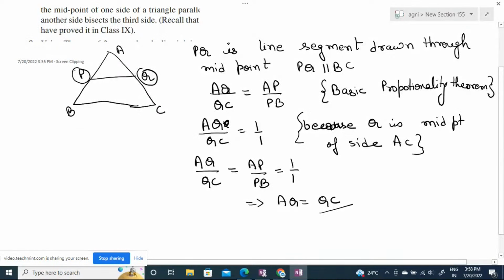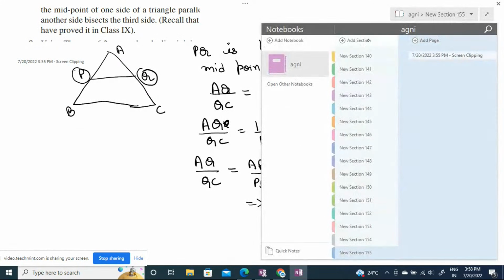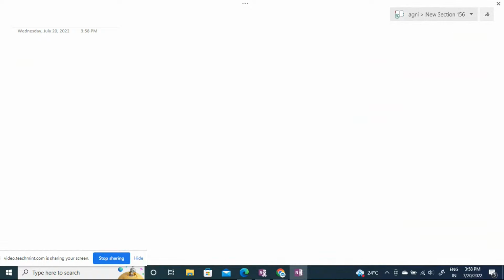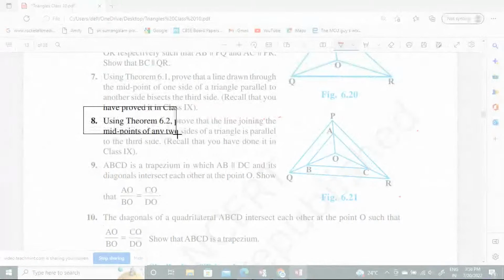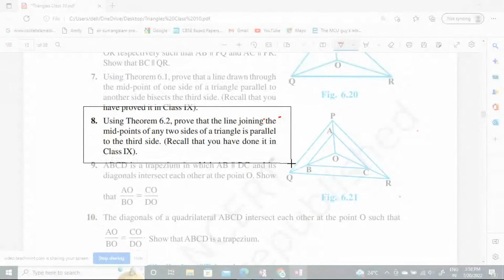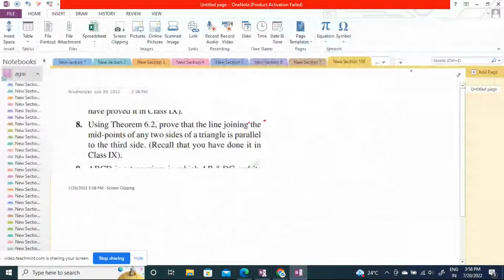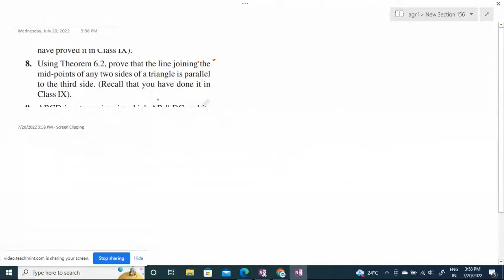Now the next question. This is also a theorem. Prove that the line joining the midpoints is parallel to the third side. Now it is given that in this triangle ABC, and let it be PQ.